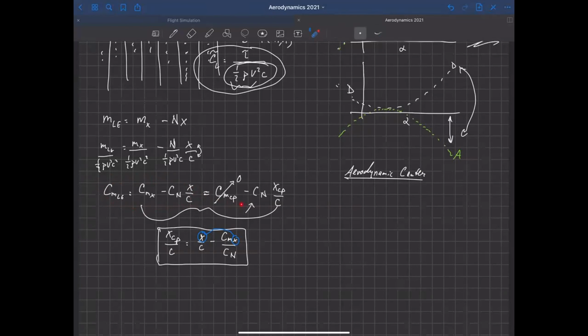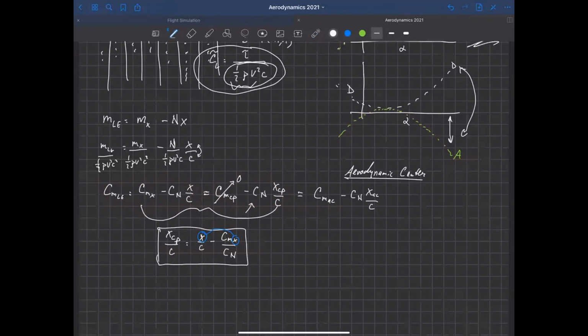And remember, I was able to write this same equation for the location of the center of pressure. Let's see if we can just rewrite that equation for the pitching moment at the aerodynamic center. So CMAC, if I knew what that was, minus CN times XAC over C. Right? And that's got to be equal to all these other things that I've written there.